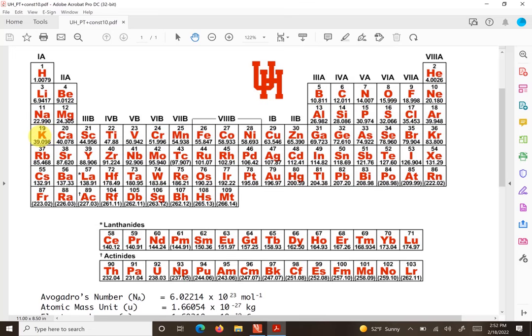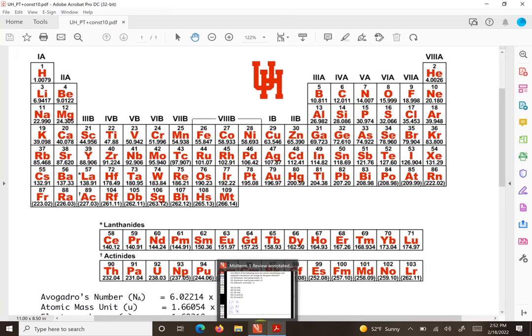And then if we predict the charge that's formed by potassium, remember that anything on the left side of the periodic table is going to lose electrons until they achieve the nearest noble gas configuration. So potassium is here, number 19. If it loses 1 electron, it will achieve the configuration of argon, which is number 18, one before it. So we predict that potassium, or any of the metals in this first column of the periodic table, would all form +1 ions.